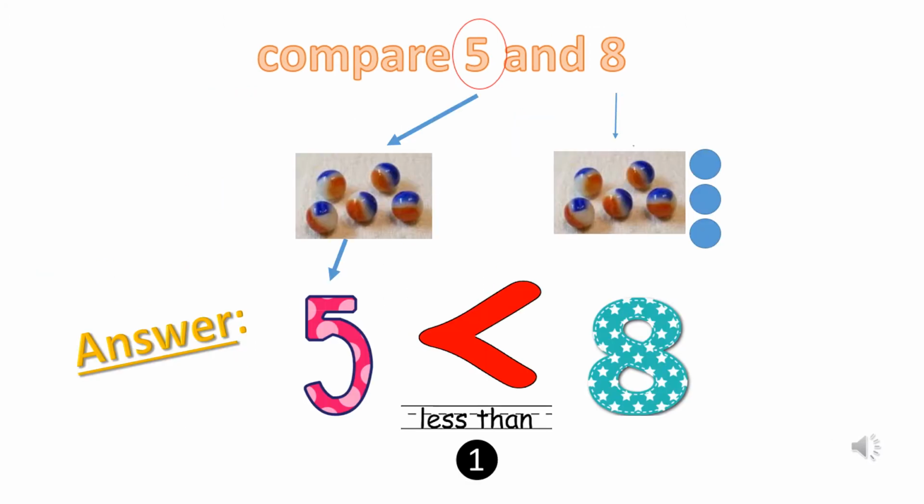Here's the answer when we compare 5 and 8. 5 is less than 8. So we pick symbol number 1 because 5 is smaller than 8, and the 5 comes first before the symbol and before the 8. When the smaller number comes first, you use the less than sign.